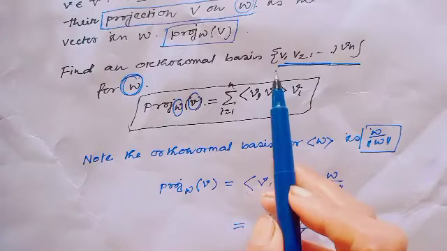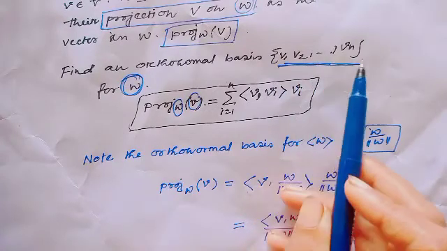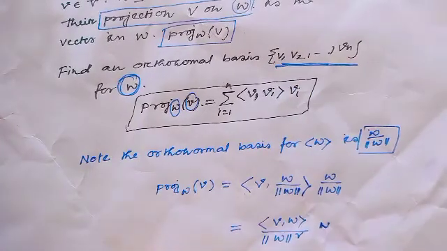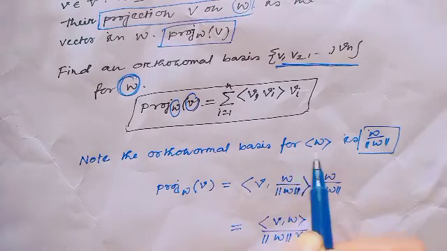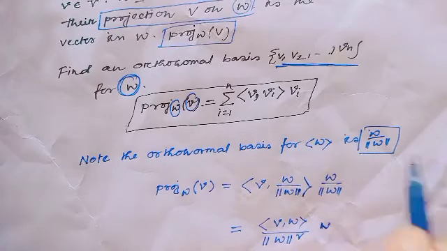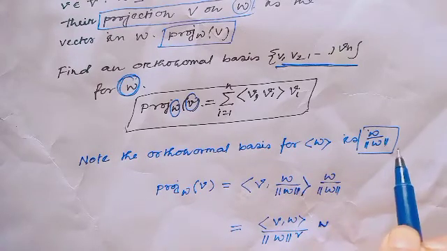First see, here v1, v2, up to vn are given as an orthonormal basis for W, and for an orthonormal basis, the unit vector is w over the norm of w.